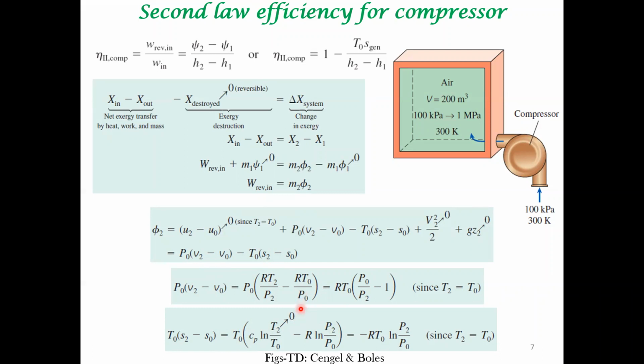With both these terms, you can get phi 2, and once phi 2 is available, you can get the maximum reversible work. That gives us a bound for getting the efficiency of the compressor.